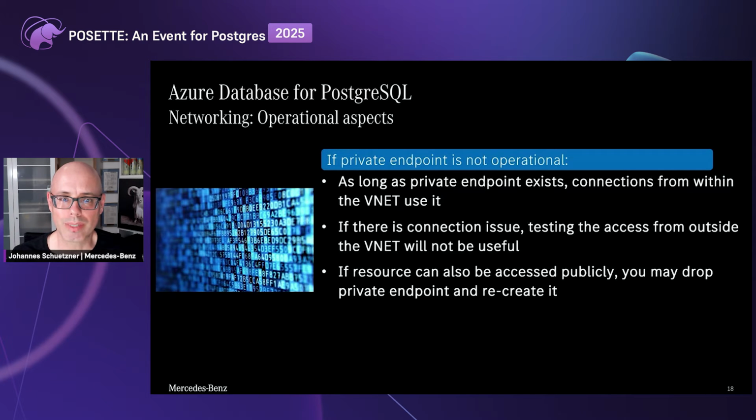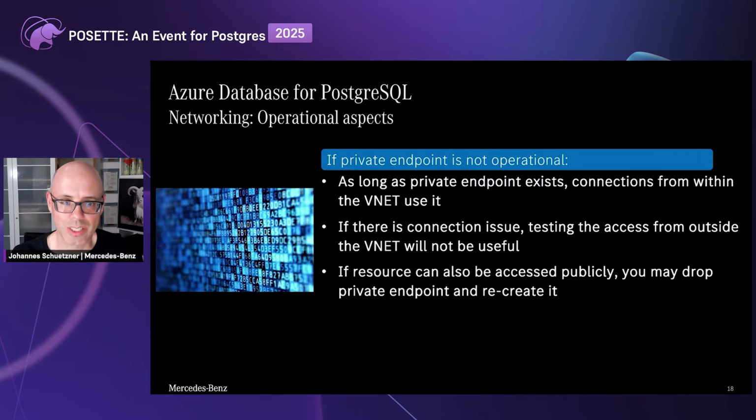One thing to remember is that as long as the private endpoint exists, the connections from within a VNet try to use it. So even though, for example, you have enabled public access, and the public access from outside of the VNet works perfectly fine, it still may not work from your private endpoint because it's in this VNet. And so testing from outside of the VNet does not really help, because it's not realistic.